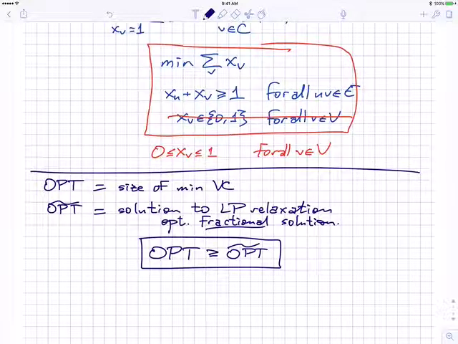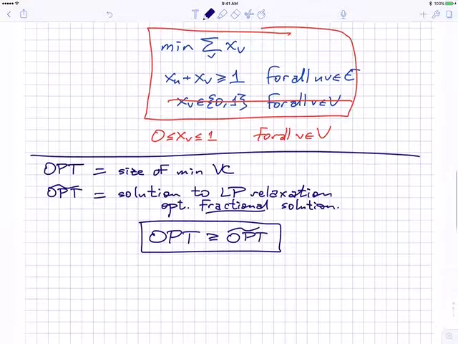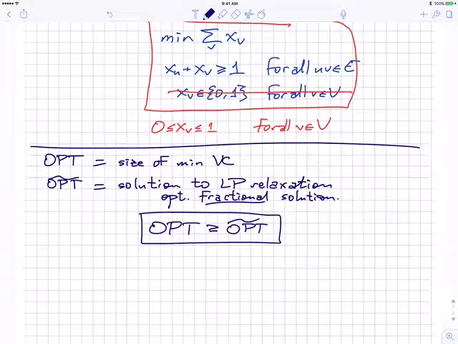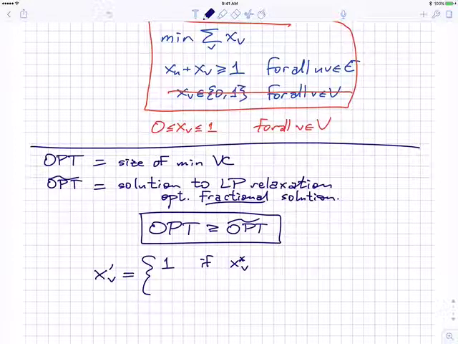So what I'm going to do is I'm going to round, right? So I'm going to define x prime of v to be 1 if the x star here is the vector, the optimum, not the value of the optimum solution, but the actual location of the optimum solution, the values of those variables, is at least 1/2, and 0 if the optimum variable for vertex v is less than 1/2.